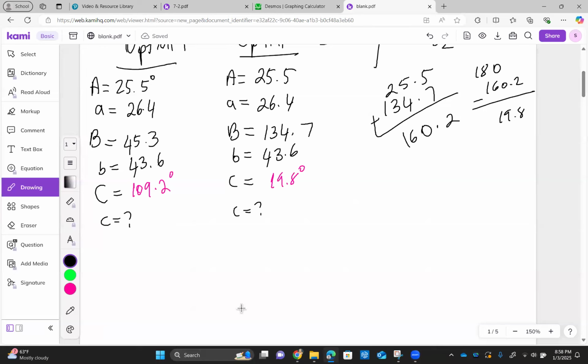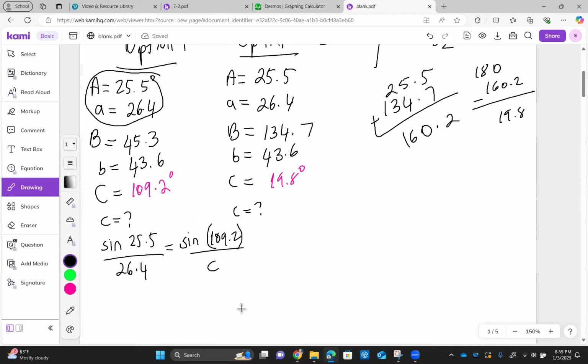So I want to say sine of 25.5 over 26.4 will be equal to sine of 109.2 over C. And then when I do cross multiplication, the C value on option 1 will be calculated using 26.4 times sine of 109.2 all over sine of 25.5. Now we will put this into the calculator and find the answer.